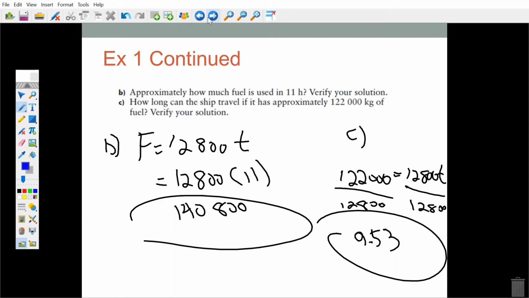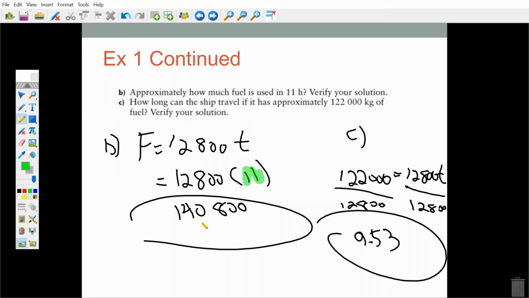We have this equation right here, F equals 12,800 T, which was given to you. T is time. We subbed in 11 for time, and 12,800 times 11 was 140,800.